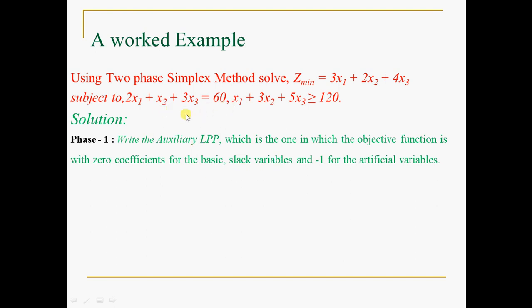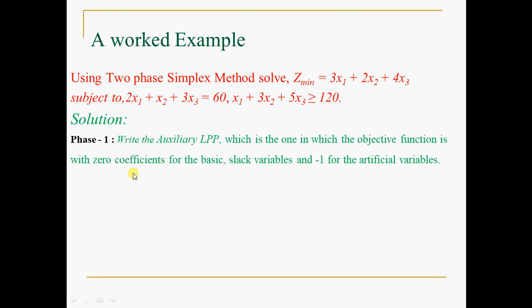Why? If the constraint was of less than or equal type, then only you would get slack variables. But here it is greater than or equal and equal, so only artificial variables will appear. However, this is the general form of phase 1.